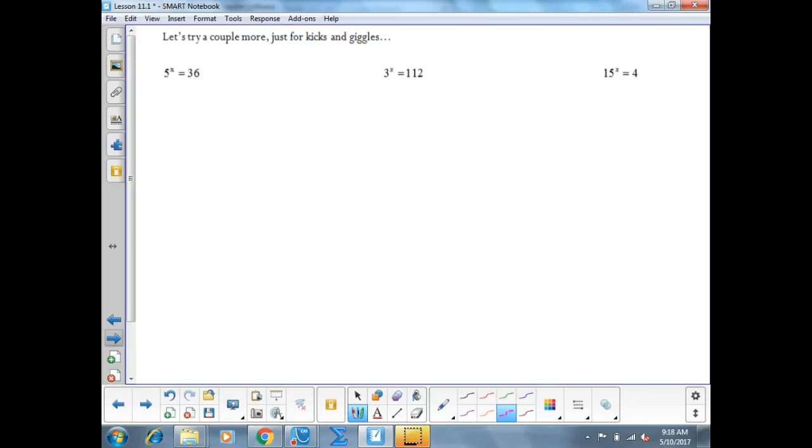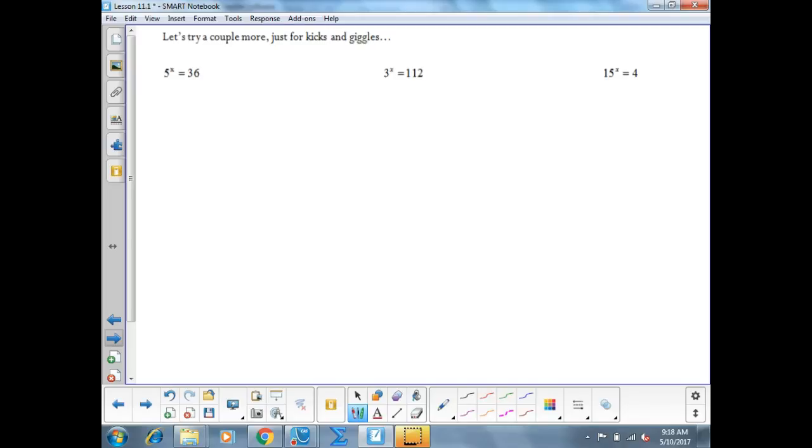It goes back to last week, when we had the 2 to the x power equals 10 question, and we graphed 2 to the x and graphed 10 and found those intersection points. That gave us what it was. So we can take this equation and put it into logarithmic form.